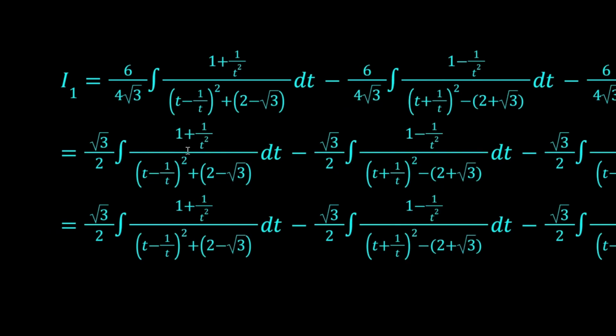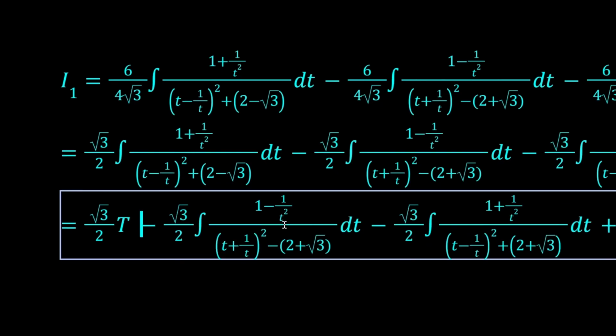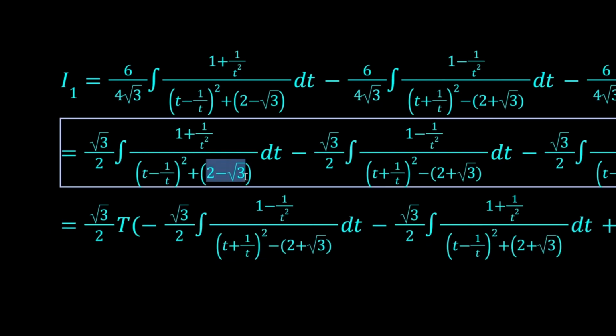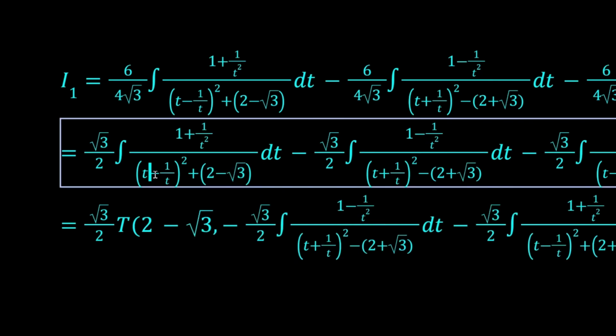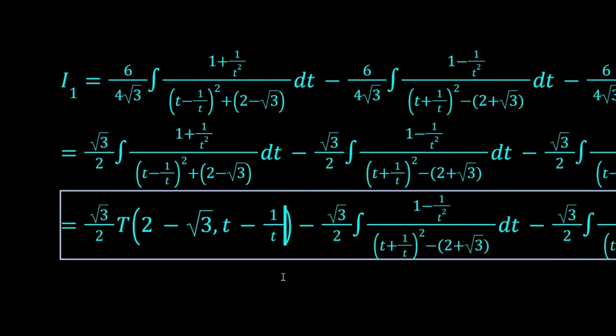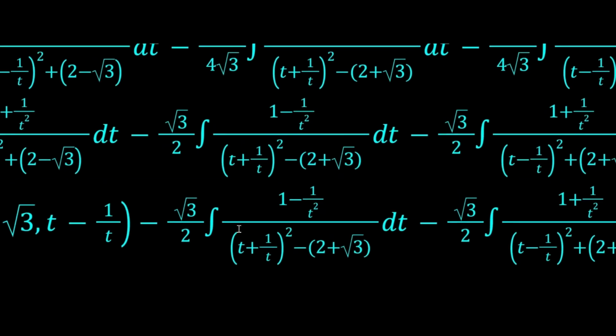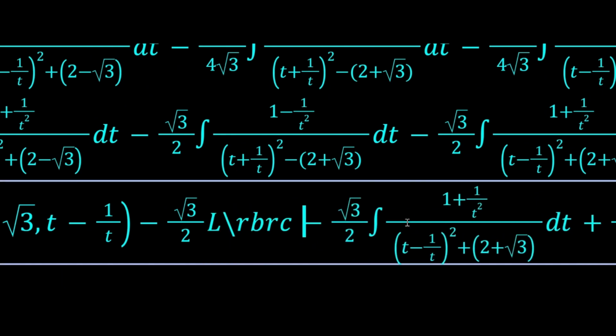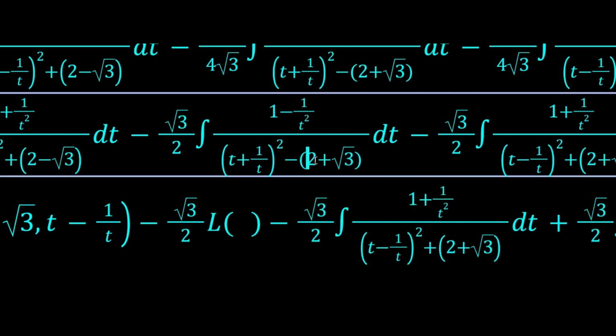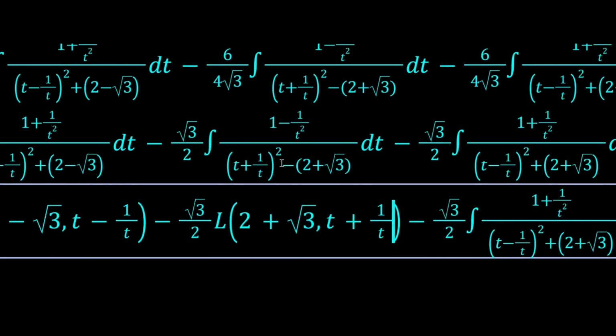Okay, done. Now let's convert these into the t and L integrals. So this would be t of 2 minus root 3 and then t minus 1 on t. Seems fine. Now this other one is an L integral because it's 1 on something squared minus a positive constant, basically, if you do a substitution.